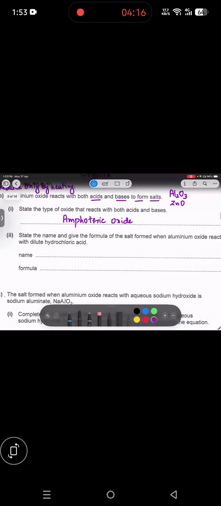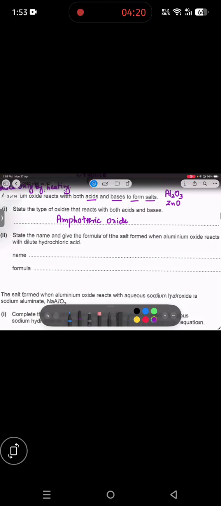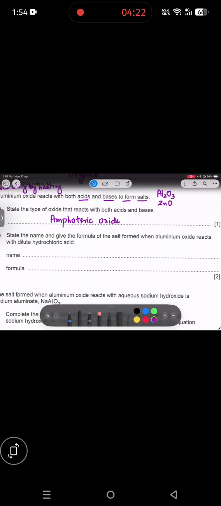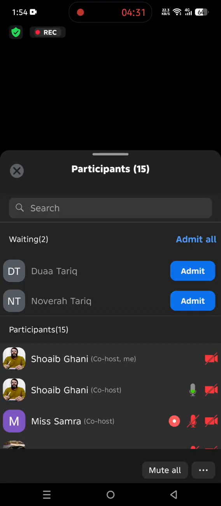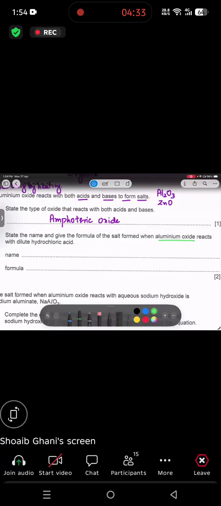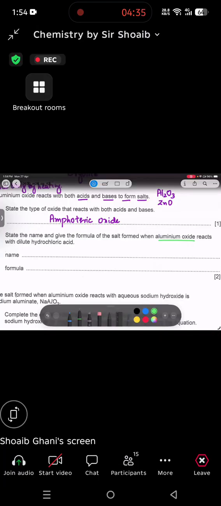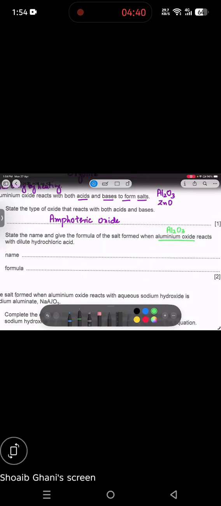Now the next one. State the name and give the formula of the salt formed when the aluminium oxide reacts with dilute hydrochloric acid. So you have an aluminium oxide here, Al2O3, which reacts with dilute hydrochloric acid, HCl.